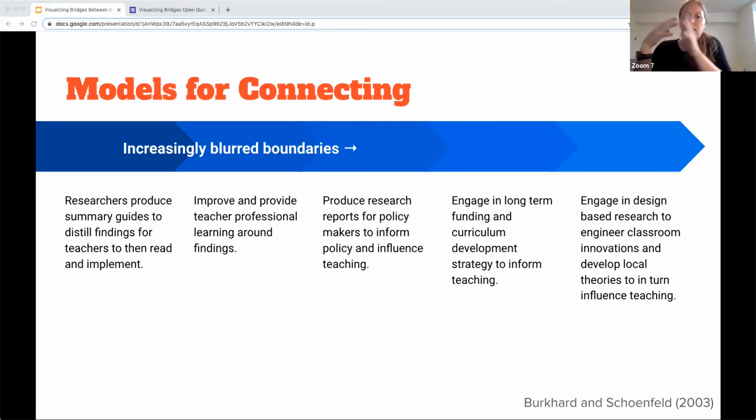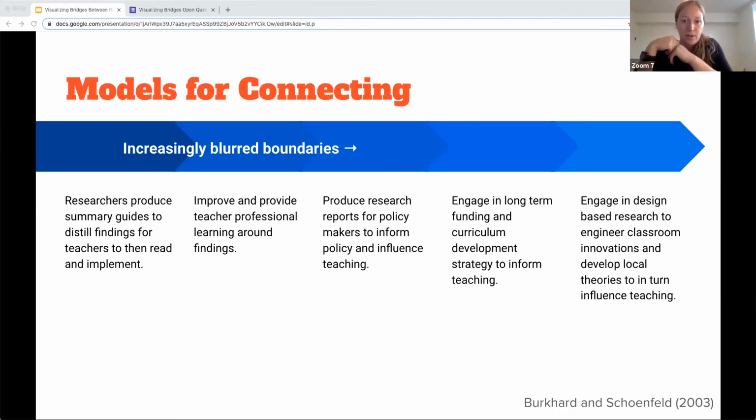And it kind of moves along the spectrum to summary guides or professional learning around research findings, to policy reports, to curriculum development. And then this last one is design-based research. So it's a form of partnership, right? Where you engage in design-based research to engineer classroom innovations and develop local theories in hope to influence teaching and then take it to a broader audience. That is a form of partnership.